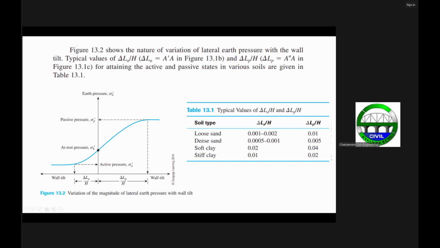Here we can see that for different ground conditions, for example a loose sand or a dense sand. A loose sand is an uncompacted sand, for example. A dense sand can be a compacted sand, where we use compactors. Or in the case of a soft clay or a stiff clay.